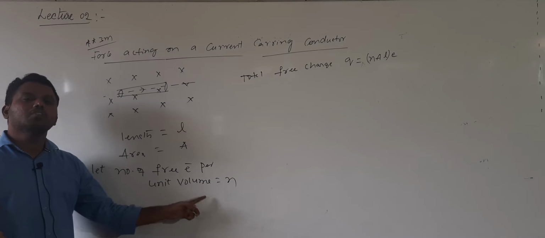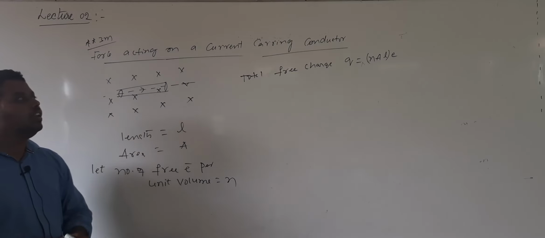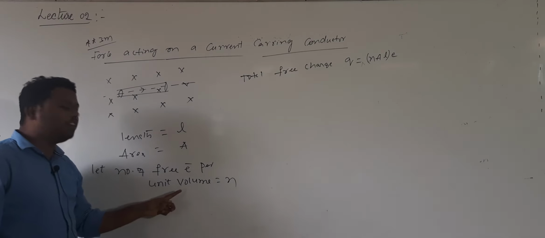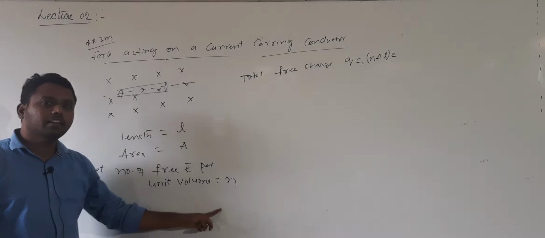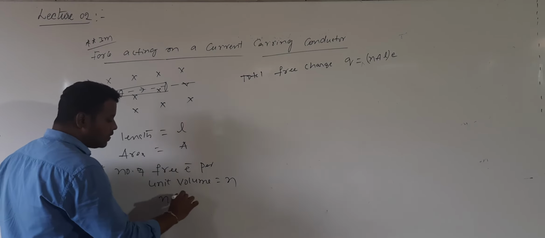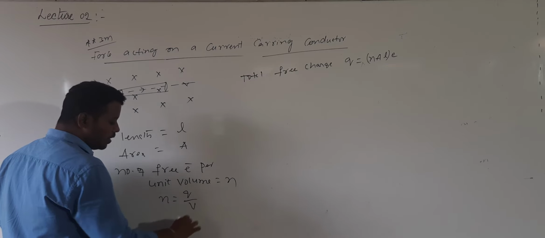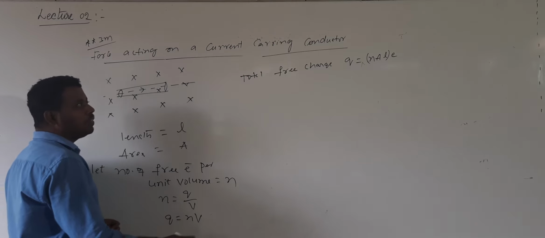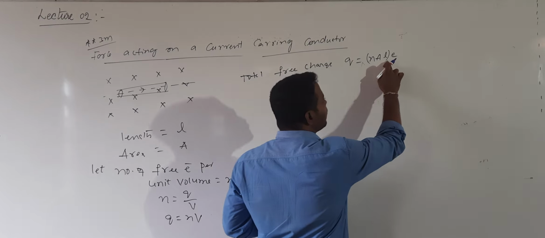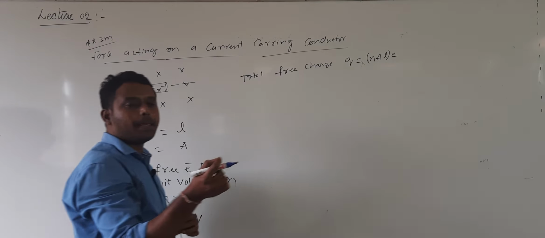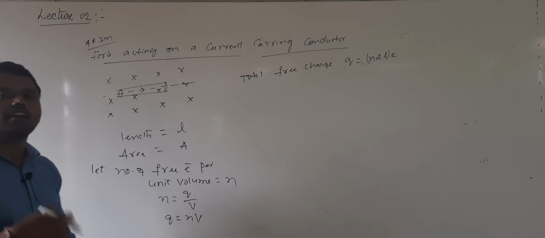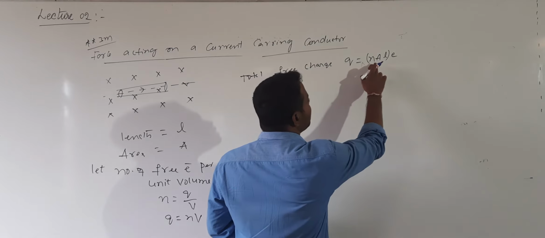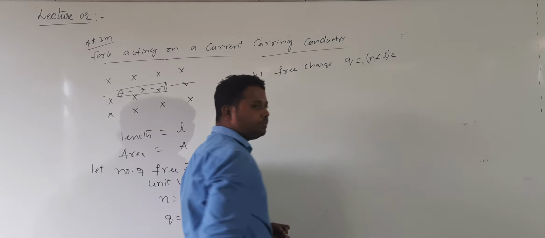So Q is equal to n into V, where V is the volume, which is A into L. Each charge has value e. The free charges in a conductor are free electrons. So the total free charge is Q equal to n A L e.